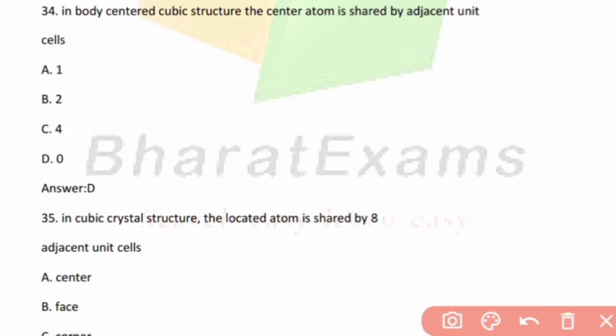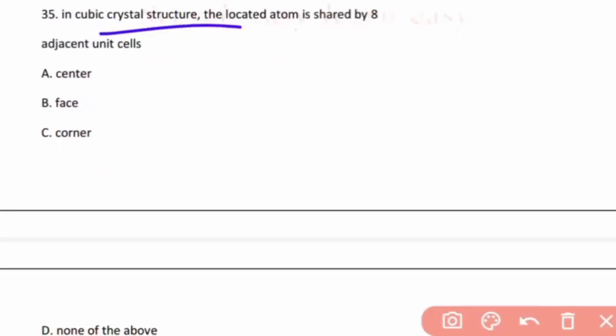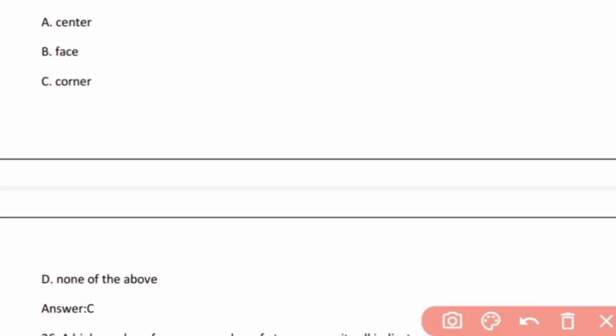In a cubic crystal structure, the corner located atoms are shared by 8 adjacent unit cells, option C.